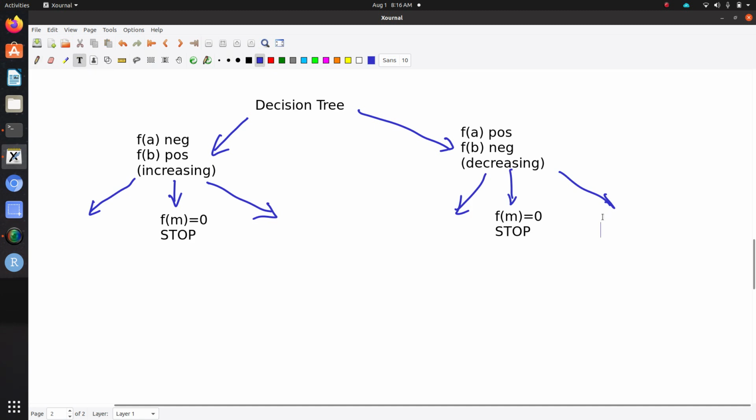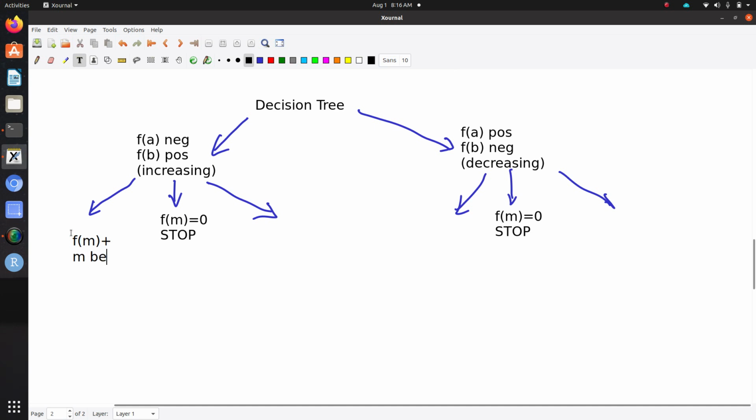Now, you have a situation that f of m is positive. Well, what does that mean? That means you're on your increasing function, and you already hit the positive. That means you crossed the root already.